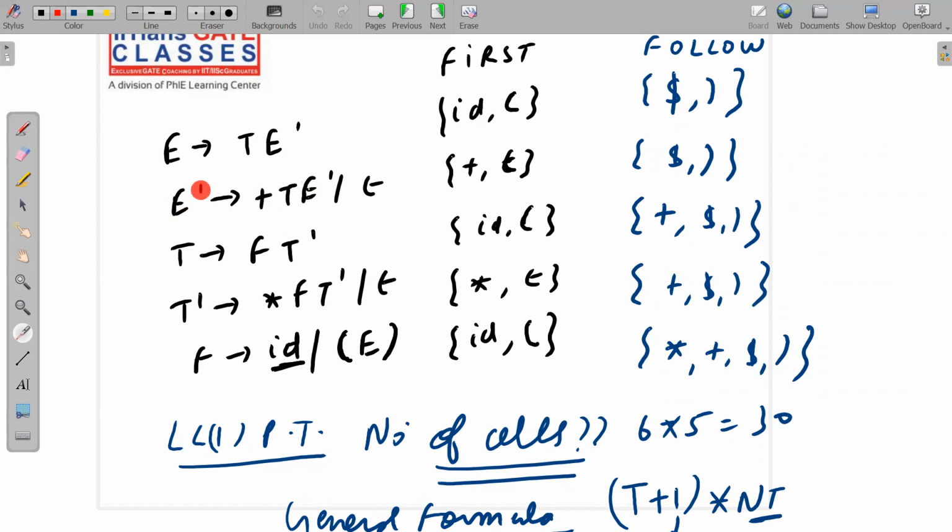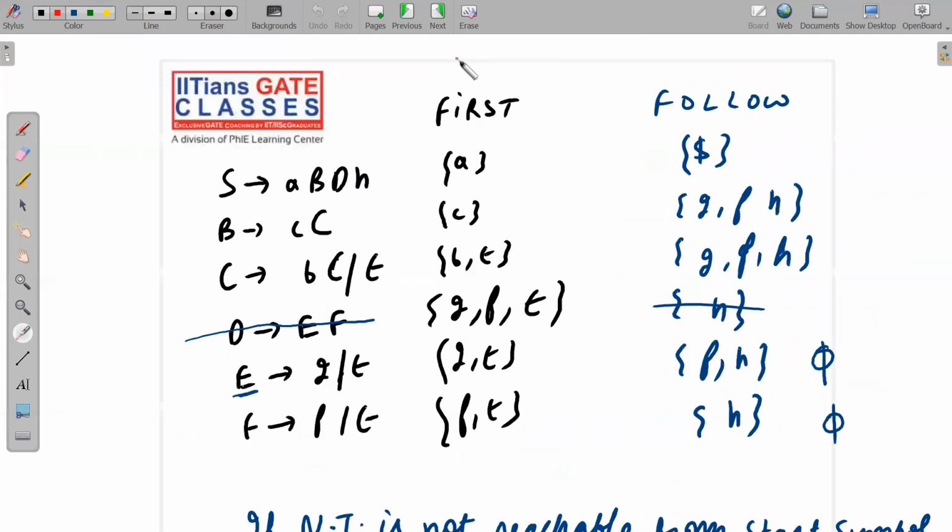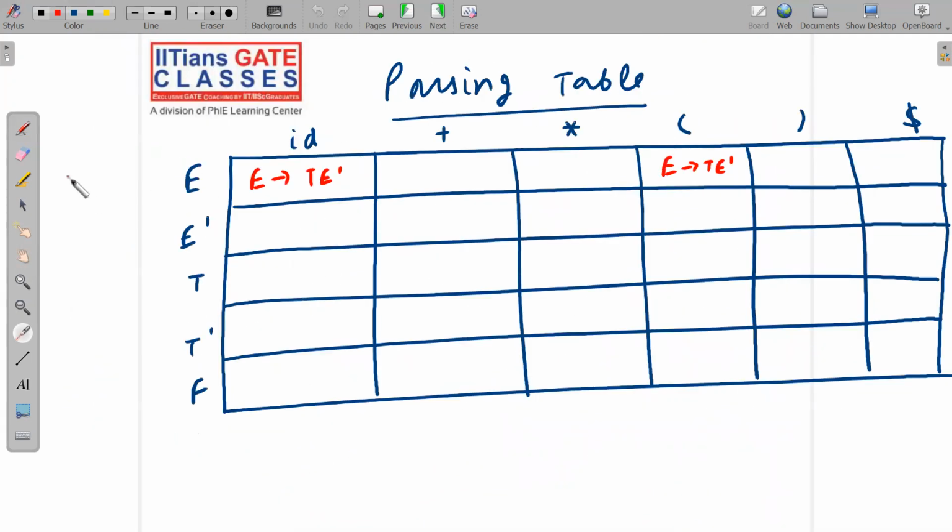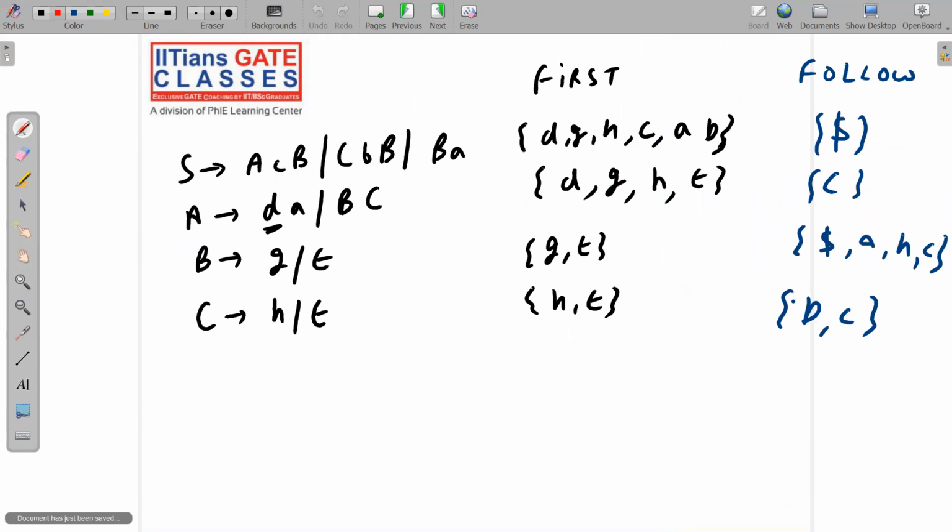So I will write, in the table under plus, E dash implies plus T E dash. Are you getting it? Forget about null for now, we will consider it later.